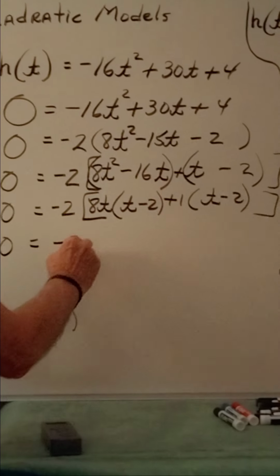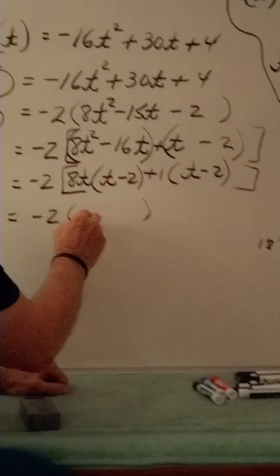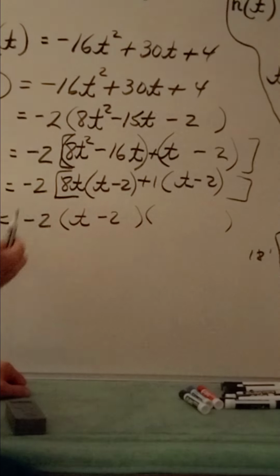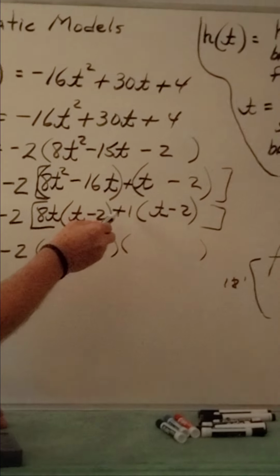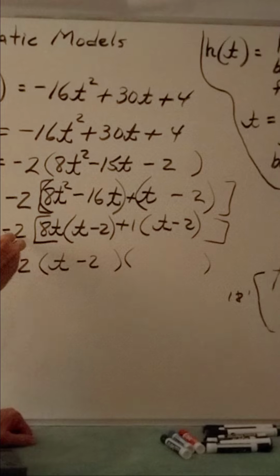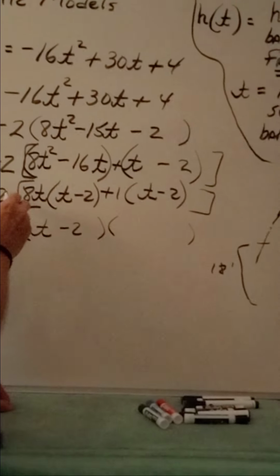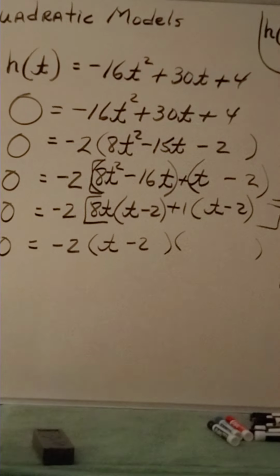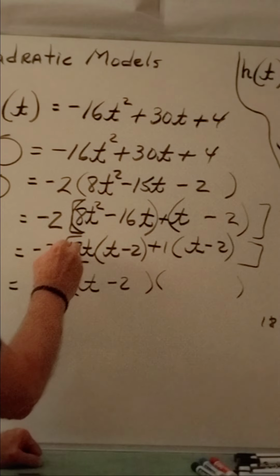And now let's bring down our factors. 0 is equal to negative 2 times the quantity of this common binomial factor of t minus 2. And then the other factor will be made up of this piece of turkey and this little splash of gravy. Excuse me, that should have been a negative 2t right here, folks.